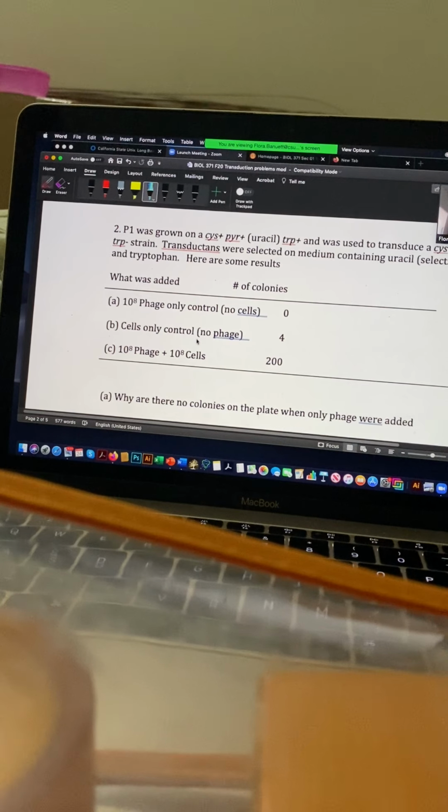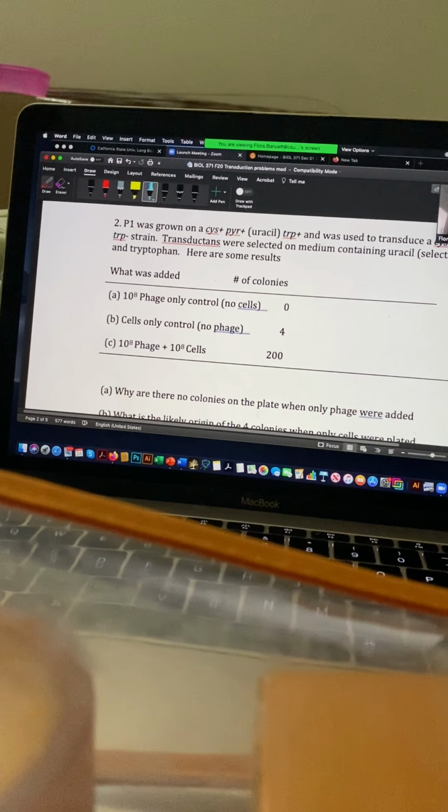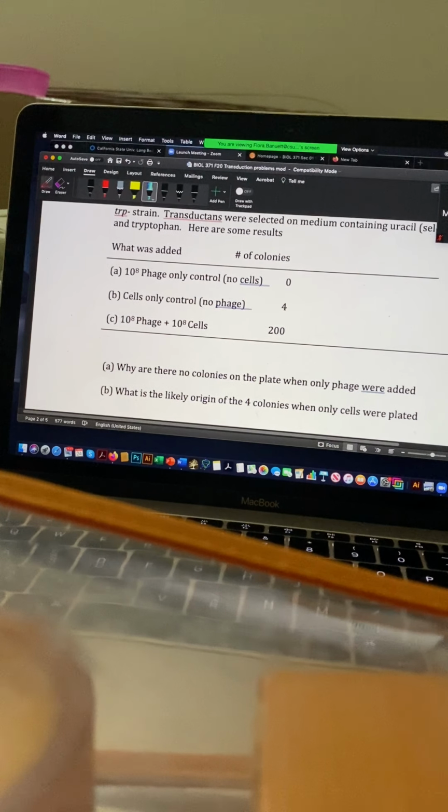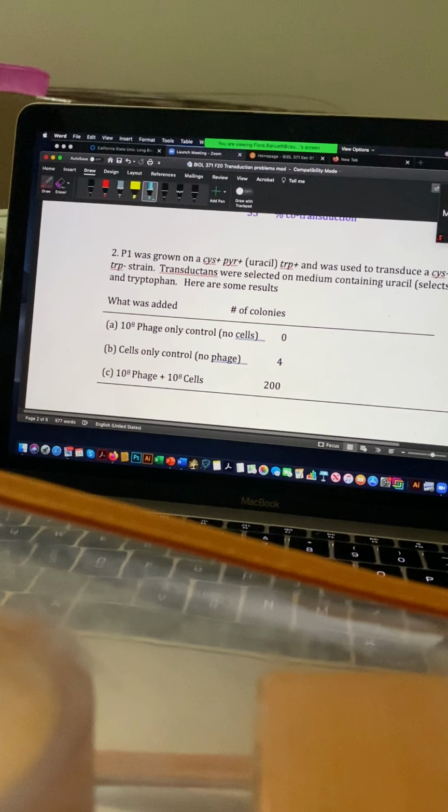Now you have a cells-only control, no phage, and you get 4 colonies. What are these colonies? So the question is, what is the likely origin of the 4 colonies when only cells were plated?